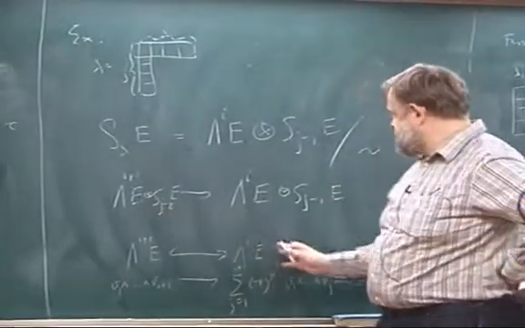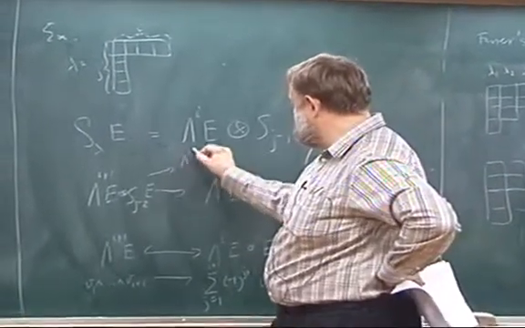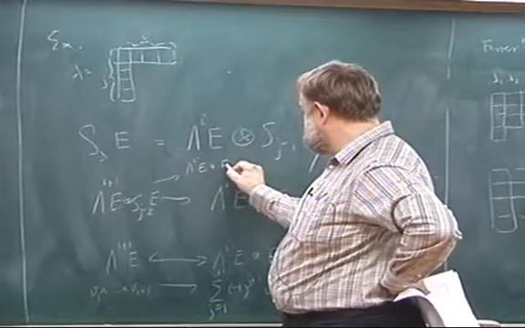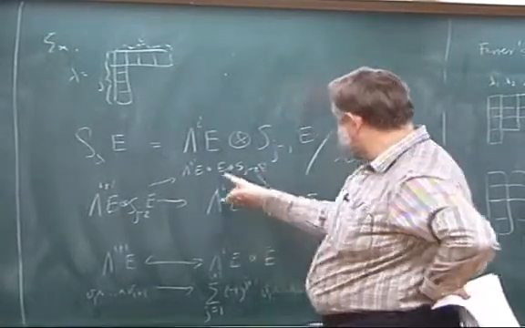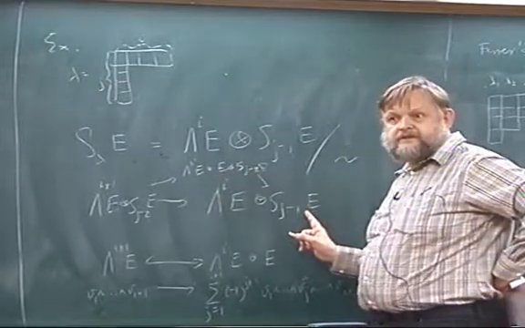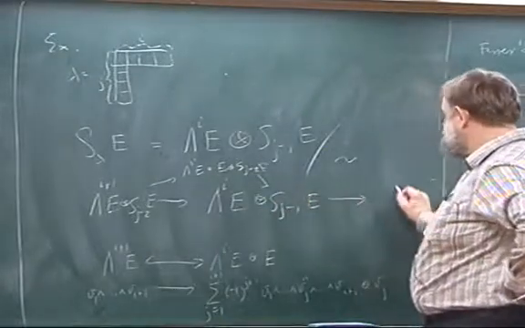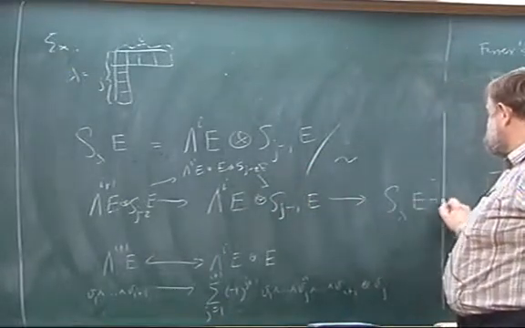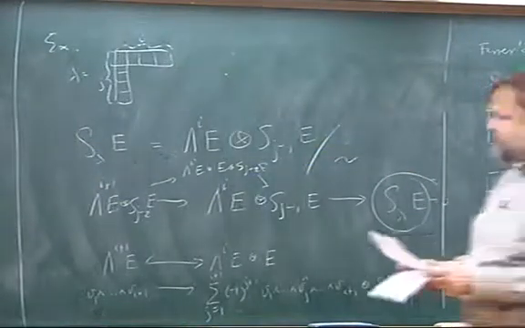So I look at this embedding, and I go from here to wedge^i E tensor E tensor S^{j-2}E, and then what I can also do is multiply this into that. Symmetric tensors you can multiply. So the cokernel of this will be this S_lambda E, for example, in such a case. Okay, so these are examples of those Schur functors.